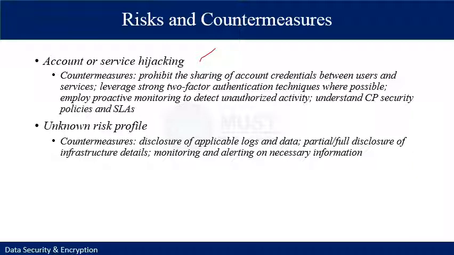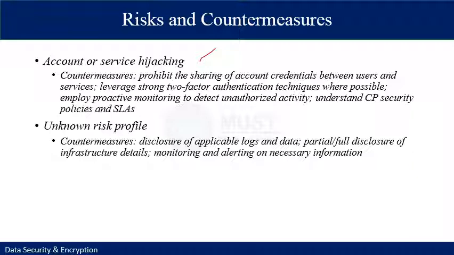Countermeasures are to prohibit the sharing of account credentials between users and services, leverage strong two-factor authentication techniques where possible, and employ proactive monitoring to detect unauthorized activity along with the understanding of cloud provider security policies and SLAs.